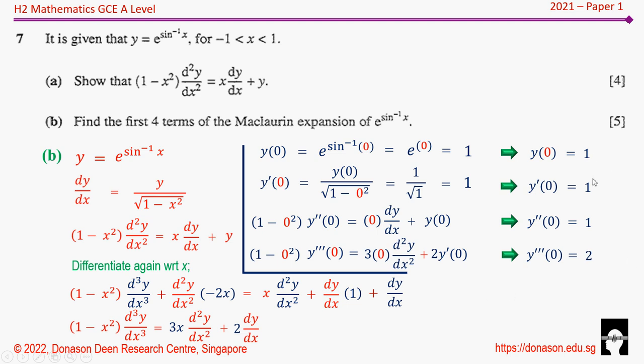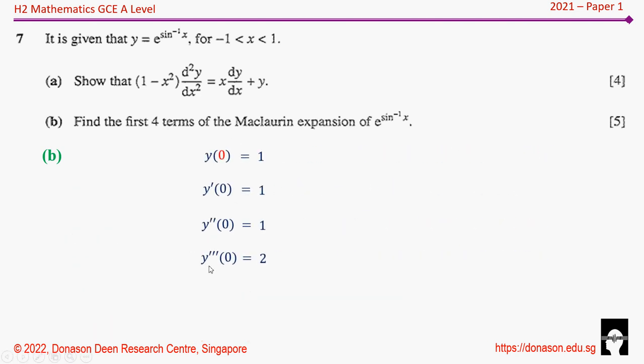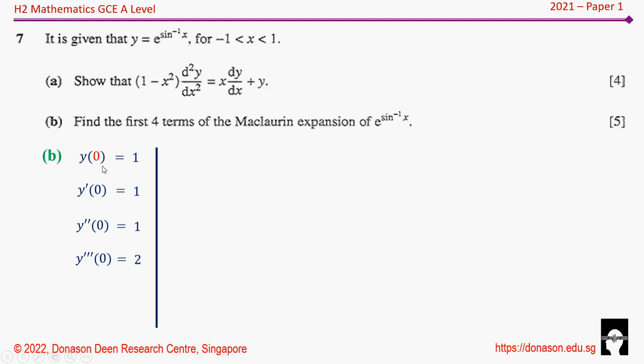So we have actually gotten all the coefficients for the y', y'' and y'''. We have gotten all the values, and now we can just take the standard expression for Maclaurin's expansion and substitute all these values and evaluate them. So that's my y(0), y'(0), y''(0) and y'''(0).